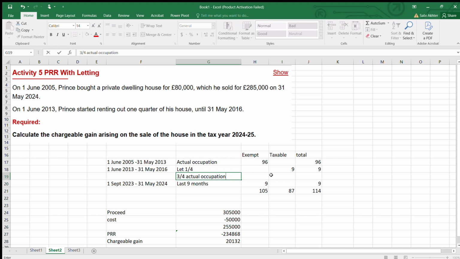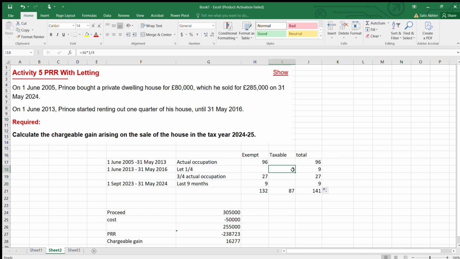So just take 3/4 of 36, or just simply take 36 minus 9, which is 27. So 27 is exempt and 9 is taxable.